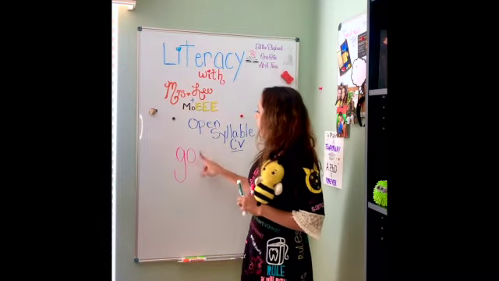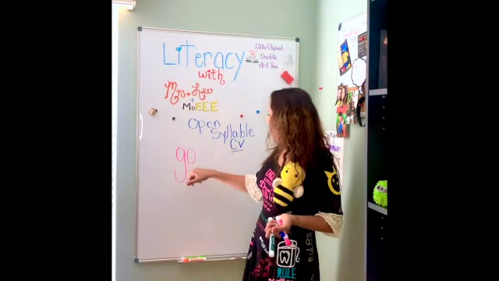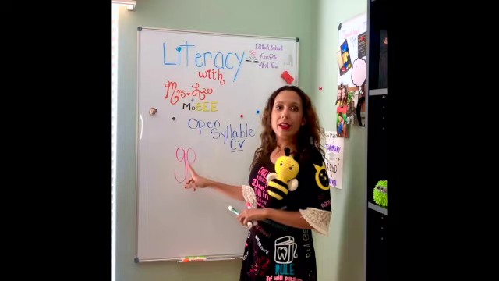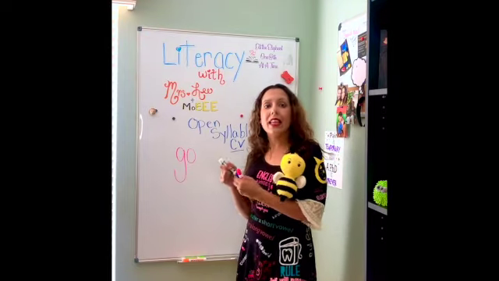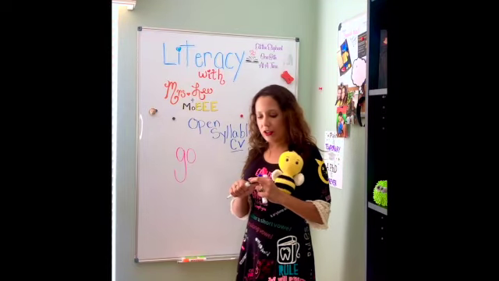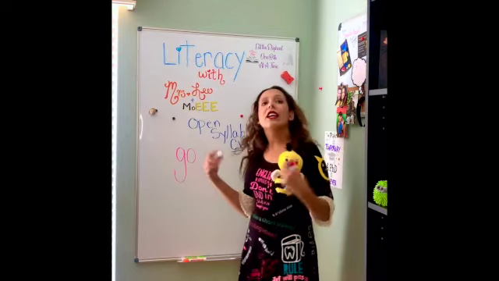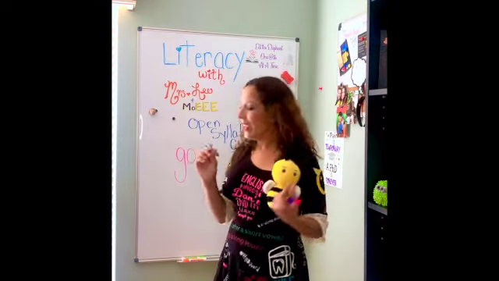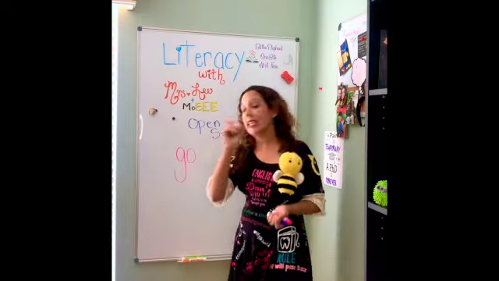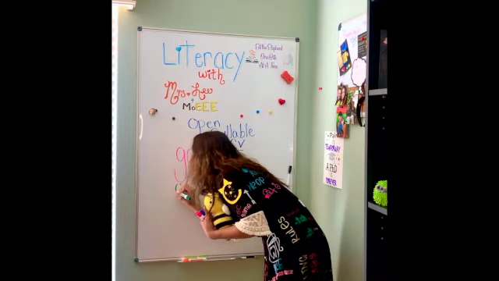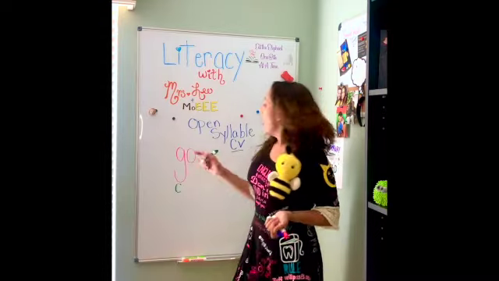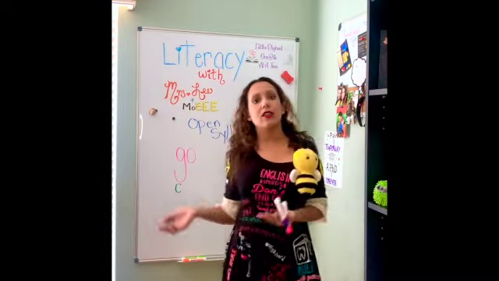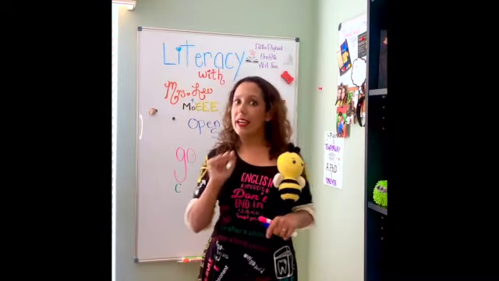How do you know that? Well, this is called an open syllable. So let's go ahead and label what kind of letters these are. G. Is G a consonant or a vowel? Good, it's a consonant. So I'm going to use the C to label it as a consonant. How about O? Is it a consonant or a vowel? It is a vowel.